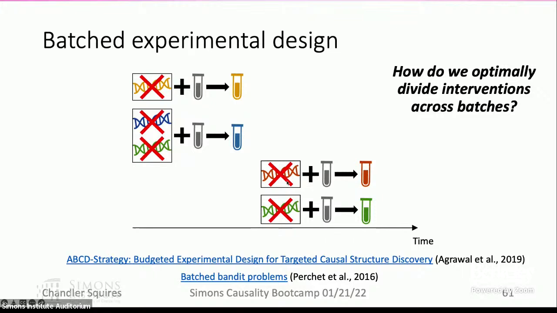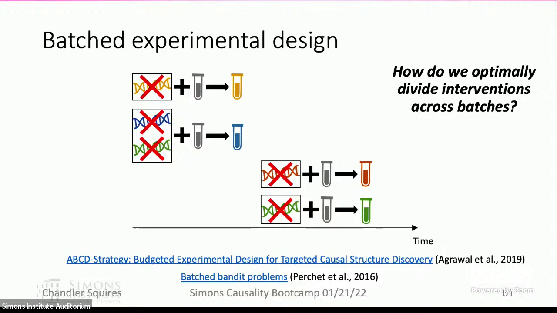Right, but not on the same set of cells. You take one set of cells and apply this orange intervention, and another set of cells and apply this green intervention separately. Whereas up here, with blue and green, you take one set of cells and you apply both the blue and the green intervention at the same time to that same set of cells.